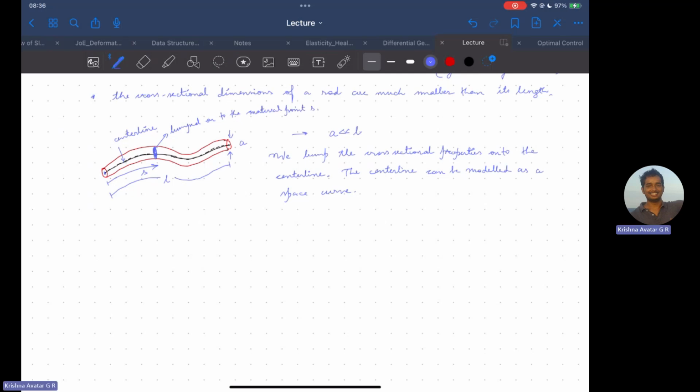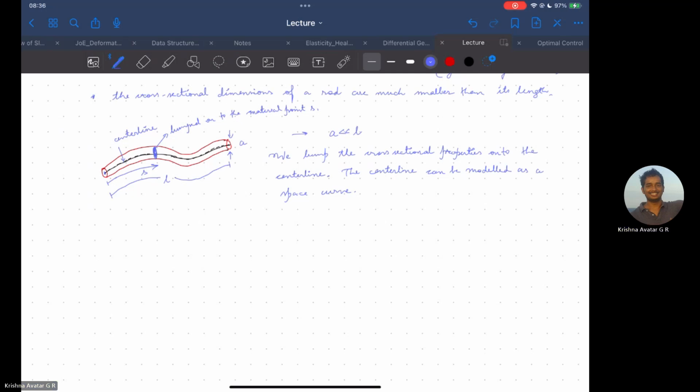And that's where the reduction comes in. So once we have this, it's as if we are studying only the space curve, a one-dimensional body in terms of the arc length coordinate. That is the whole aim of our study here.